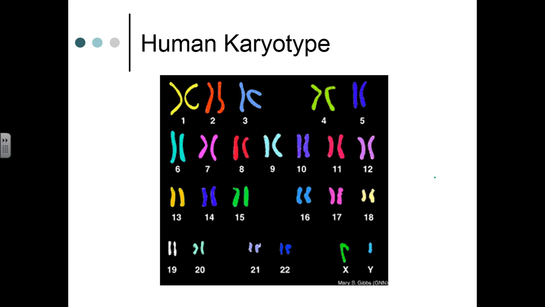So this is a colored diagram. I want to make sure that we understand what we're looking at here. We've got homologous chromosomes paired up, so two number 1s, two number 2s.